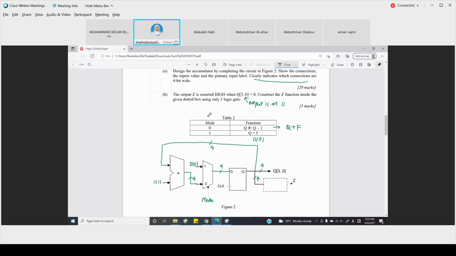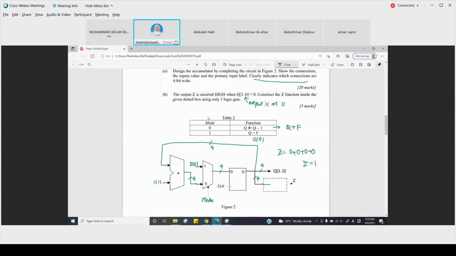So, okay, this is where we want to detect if the input is all 0. Means when all outputs are 0, okay, Z is 1.